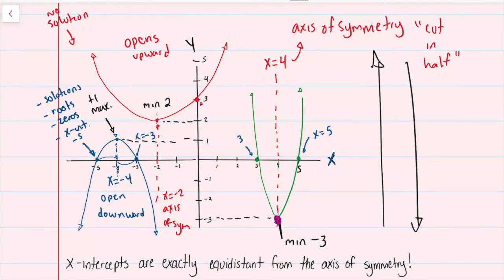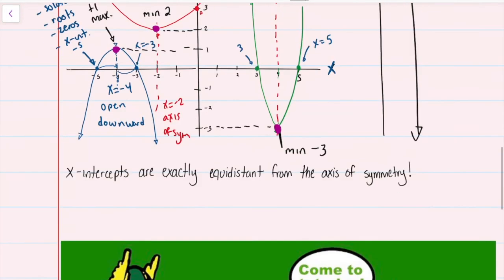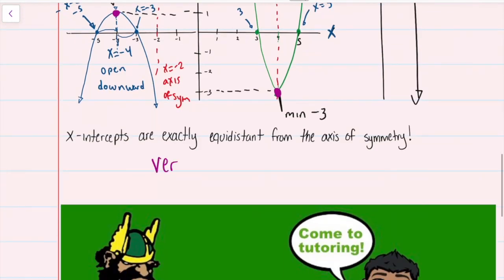And one more thing, just the icing on the cake, the cherry on top. This big point has a lot of information. It can give you the maximum. It can give you the axis of symmetry. This big point, we call the vertex. And in parabolas, it's going to have its own specific letters. We call it the H and the K. We don't call them X and Y just because we want to show how special it is.